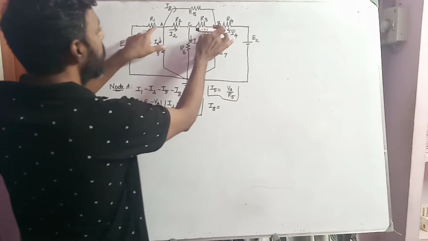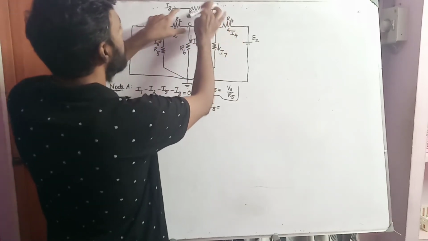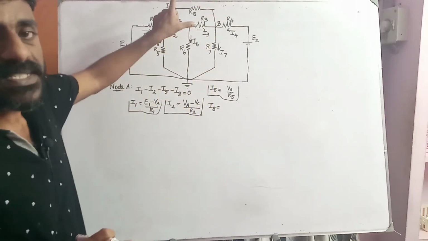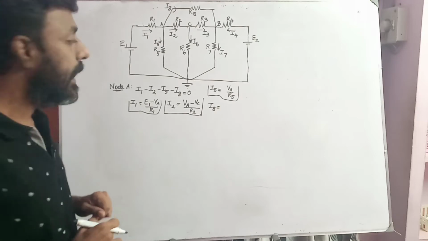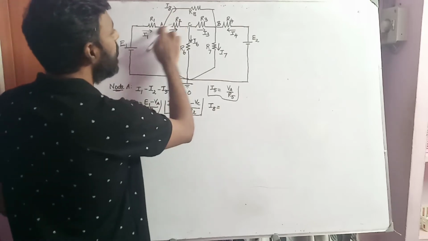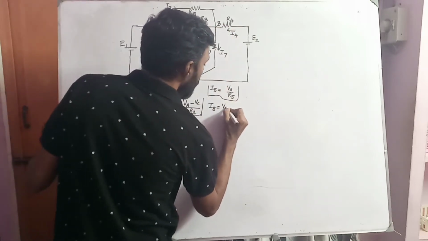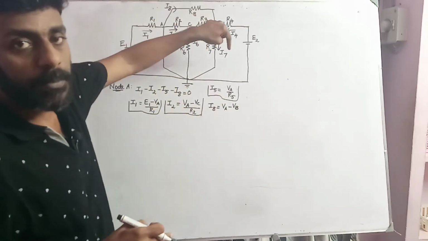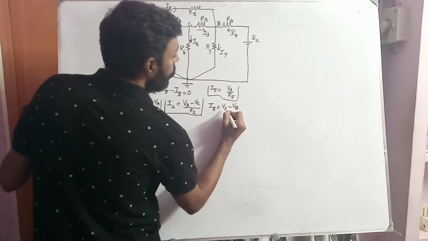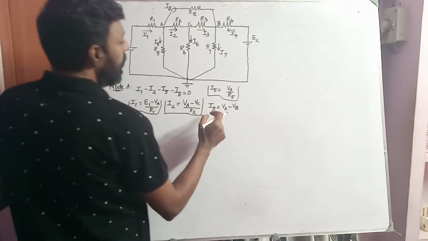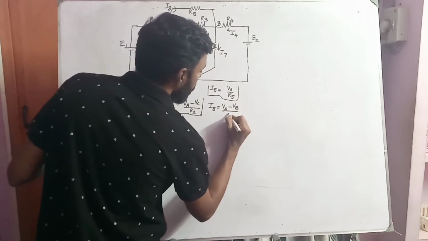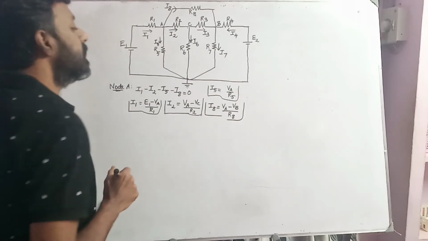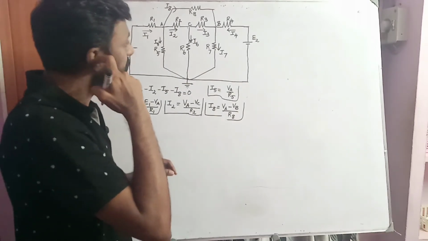The voltage is the difference in potential, and this resistive value we need to take into account to find the value of I8. So I8 is nothing but VA minus VB, because the current is flowing from the point A to the point B. So I am putting VA minus VB divided by R8. This is the value of I8.